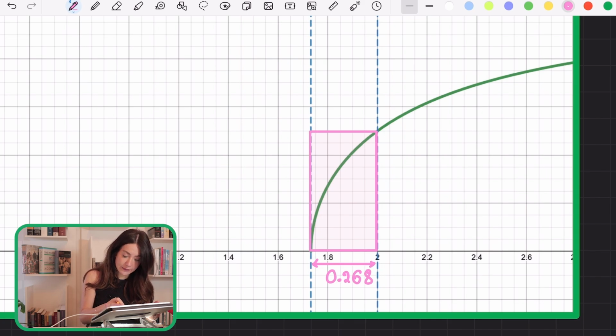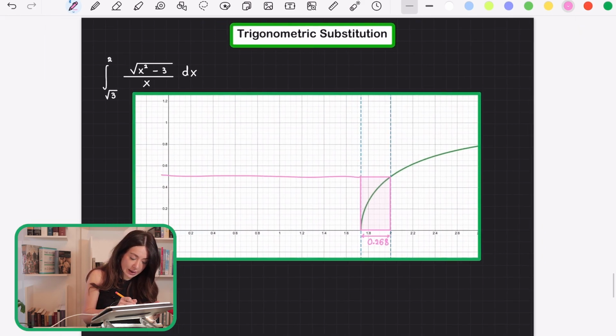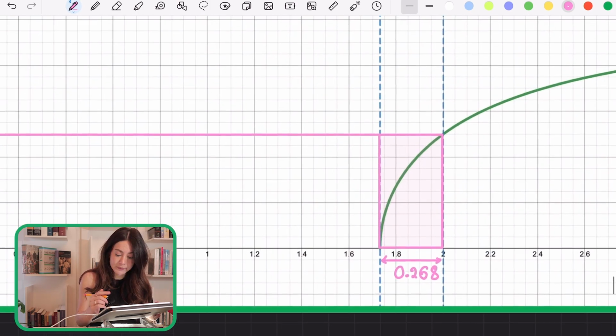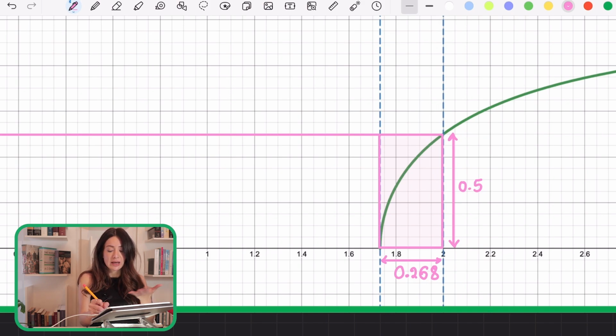And the height of this rectangle is, looks like it is, 0.5. Okay, and area is width times height, and height happens to be 0.5, which is same as dividing by 2. So width divided by 2, and that is area of this rectangle.